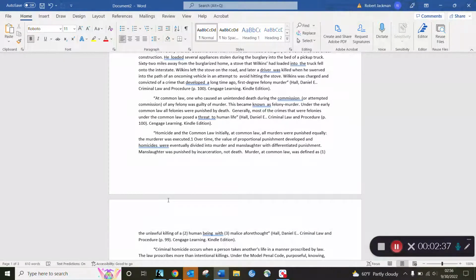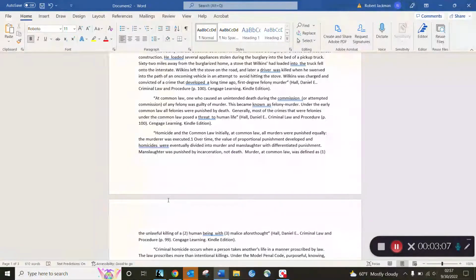It goes on to say, quote, homicide and the common law, that's the title. And then it goes, initially at common law, all murderers were punished equally. The murderer was executed. And I apologize, hold on. I guess when I copied and pasted, it didn't copy the spaces. So essentially what it's saying is that initially in common law, all murderers were executed. It was punished equally.